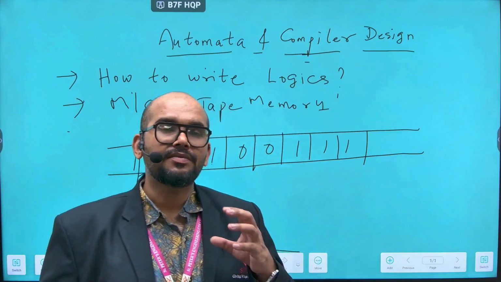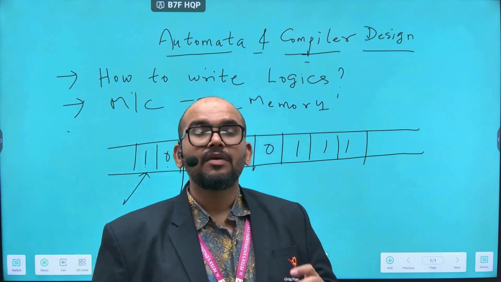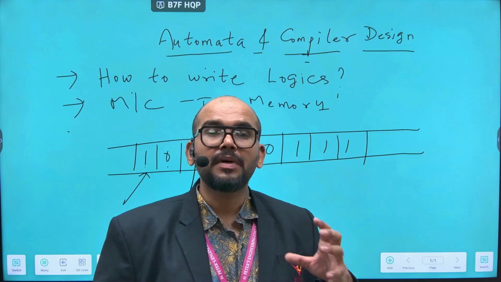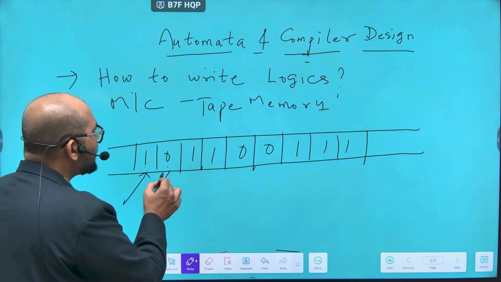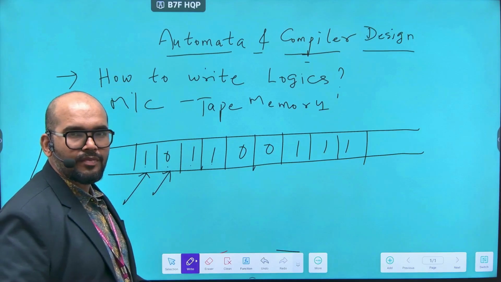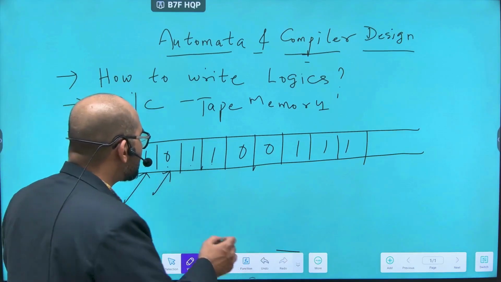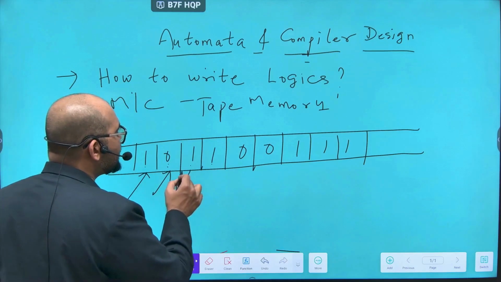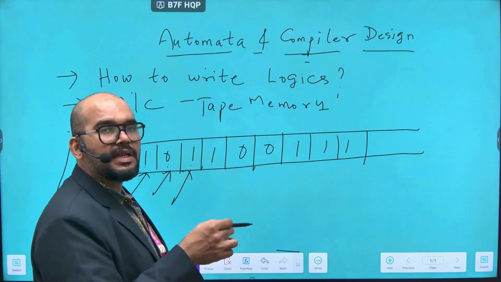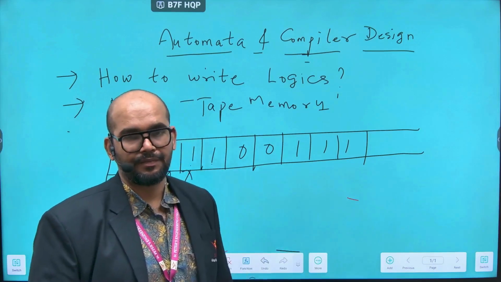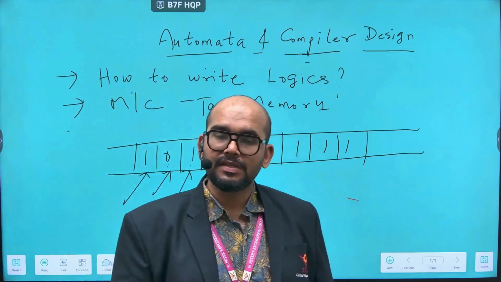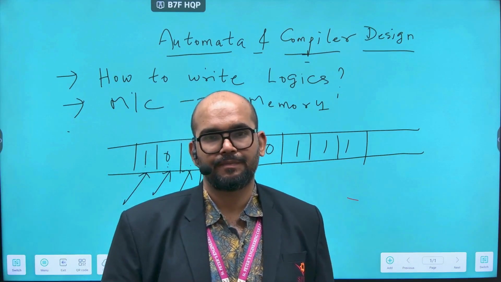After processing the first input symbol 1, we can know what input symbol we will get next. Simply, we can know that the next input symbol is 0. After processing this one, we can easily know the next input symbol, because we stored the input symbols within the tape memory. Compared to the first case, this case is much better.